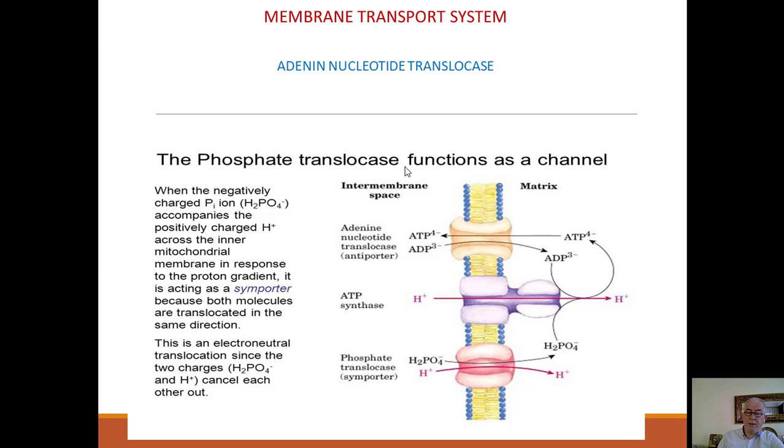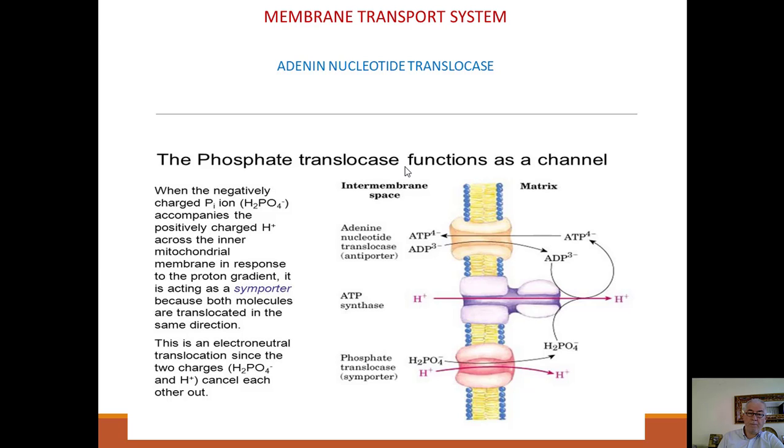For this reason, these two molecules move in opposite directions and this is called an antiporter system. Another transfer system is phosphate translocase. Phosphate is another substrate for ATP synthase and must be transferred from the cytosol to the matrix.